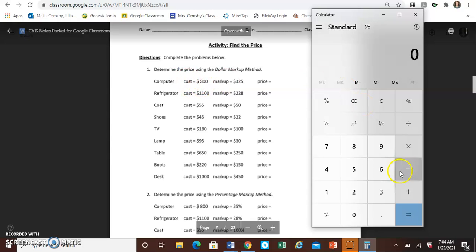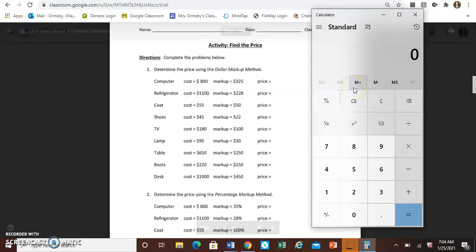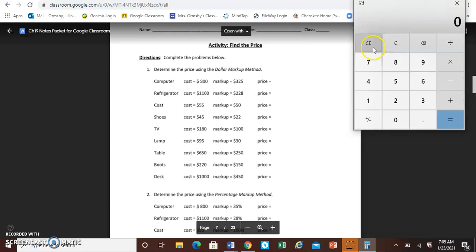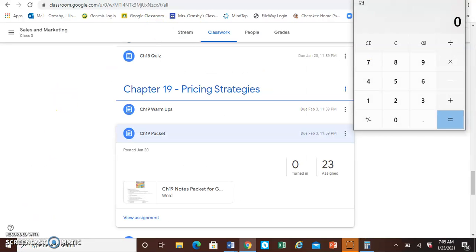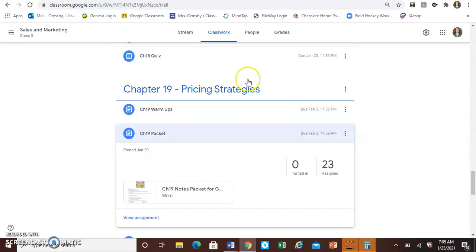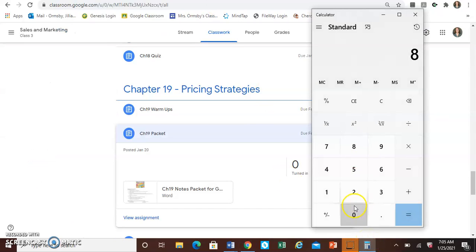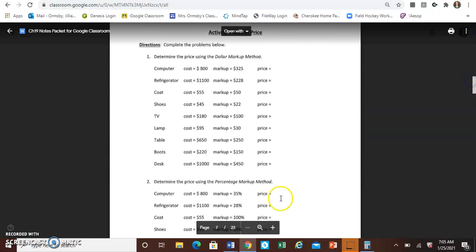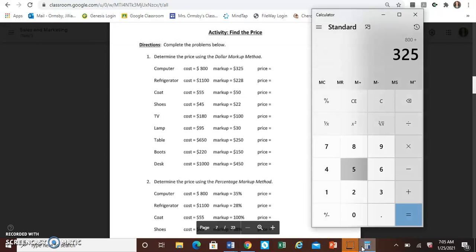So if the cost was $800, you would just take 800 plus, going back to my packet, I believe it was 325.